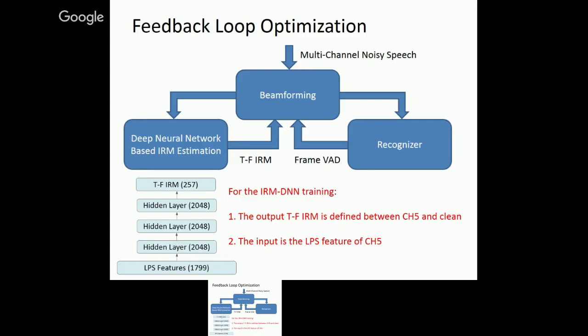For both the input and output data we use simulation data, because for the real data we cannot calculate the target. The input is channel 5, and the output is the TF-IRM between channel 5 and the underlying clean speech.